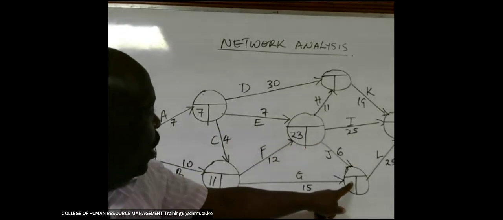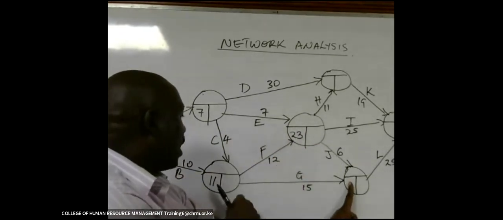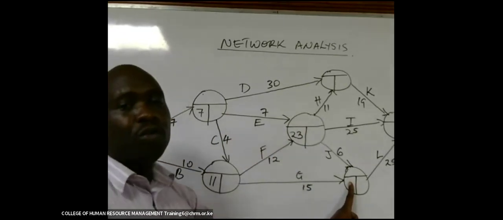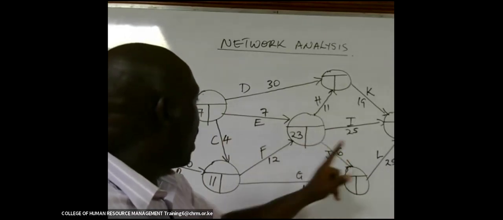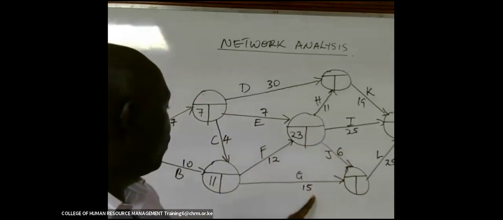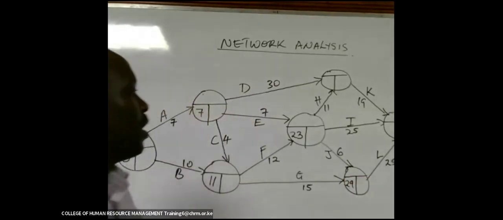To come here, between 23 plus 6 and 11 plus 15, which one gives you a longer duration? 23 plus 6 is 29. 11 plus 15 is 26. So 29 is the higher figure. Put it there.